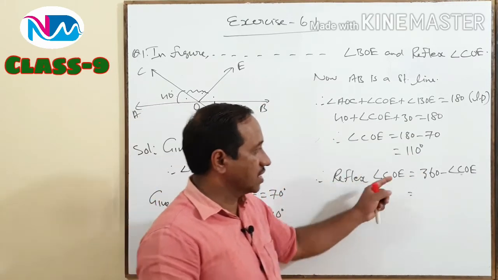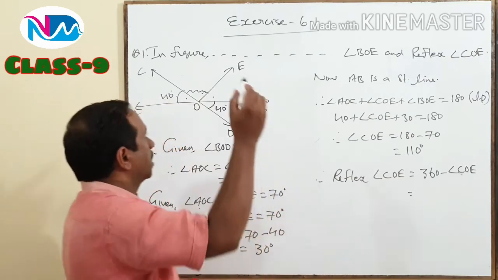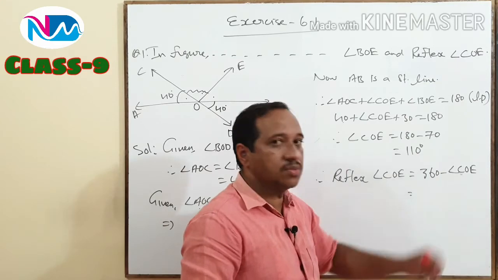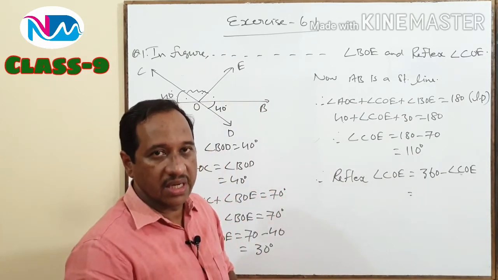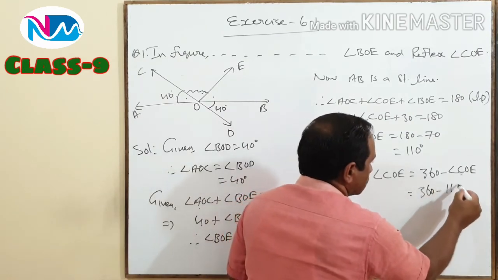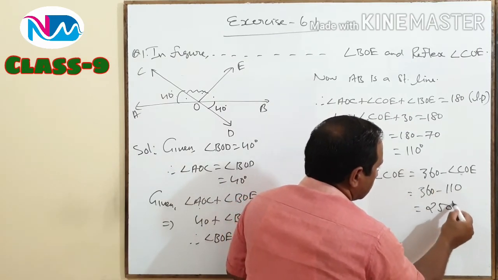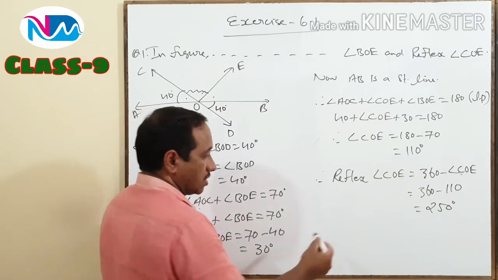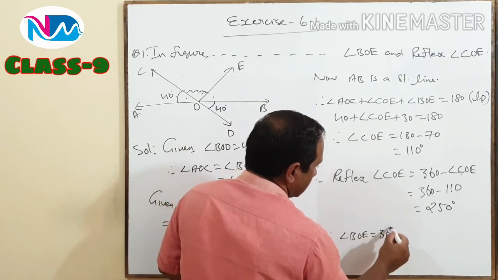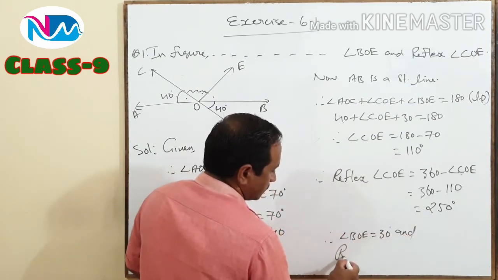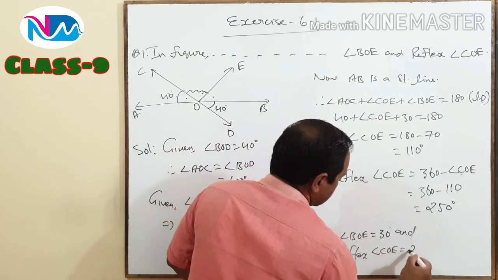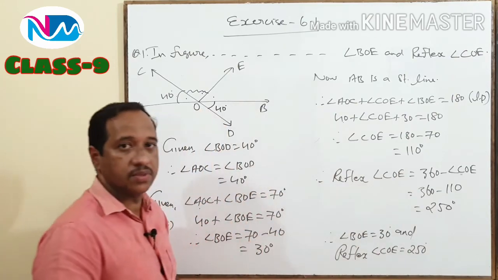Now 360 minus angle COE, that is 360 minus 110, is equal to 250 degree. Therefore, we have angle BOE is equal to 30 degree and reflex angle COE is equal to 250 degree.